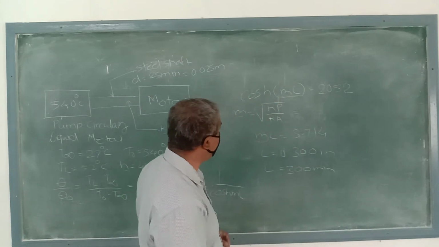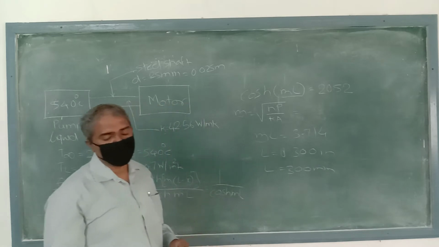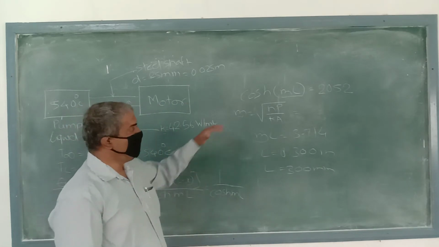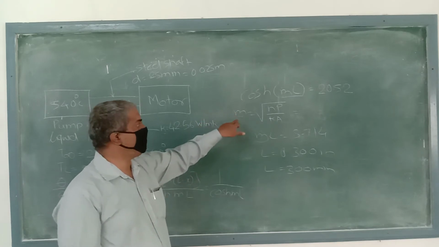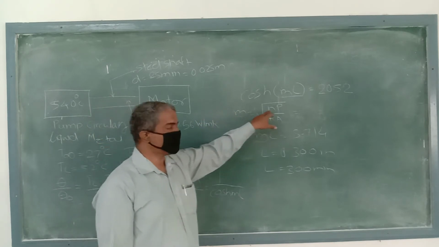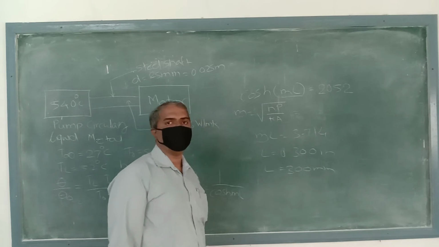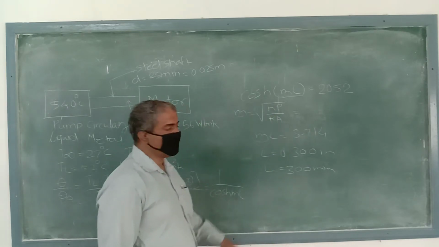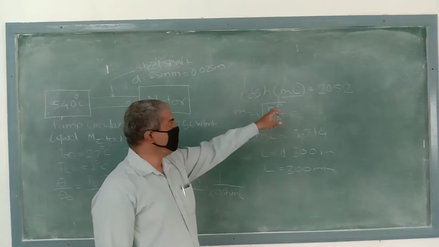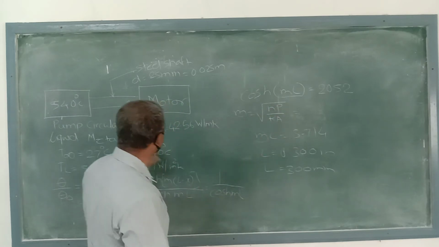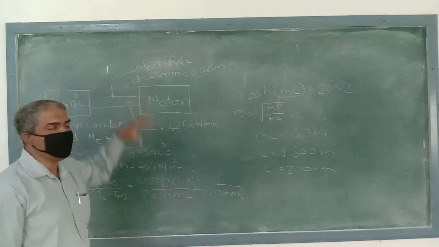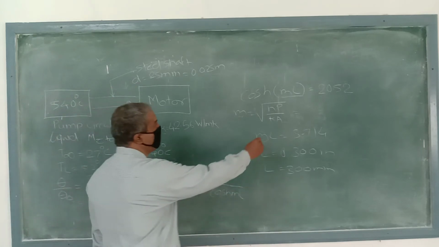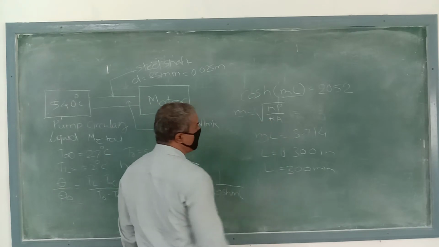In this problem you don't know the value of m, so you have to find the value of m. m is equal to the square root of hP by kA. The h value is mentioned, the k value is mentioned, and you can easily calculate the perimeter and cross-section area as they have given the diameter of the shaft. So you substitute all these values and you get the value of m.